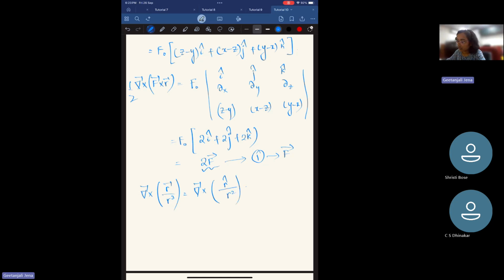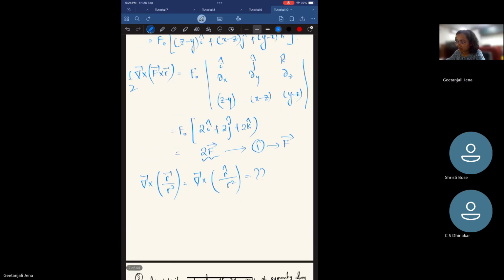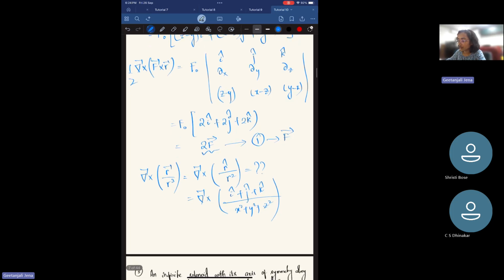Anyone can tell me what will be this value? You can easily guess. This is nothing but (i-hat plus j-hat plus k-hat) by x squared plus y squared plus z squared. So if you take the curl, it will give a value of 0.